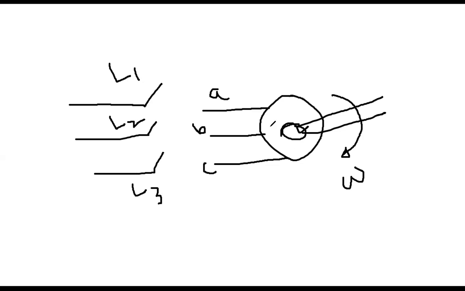And this is the induction motor. It has A phase, B phase, C phase, and this is the indicated direction. This means if it rotates in the opposite direction, then that is the wrong direction. Now for example, you are making connection to the motor. You made connection in that way.